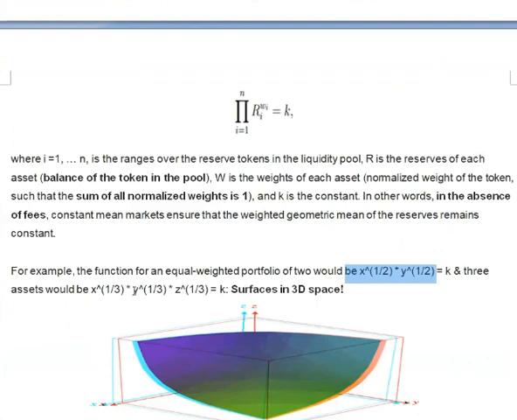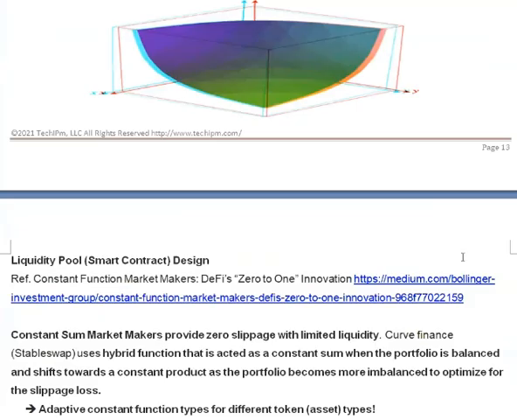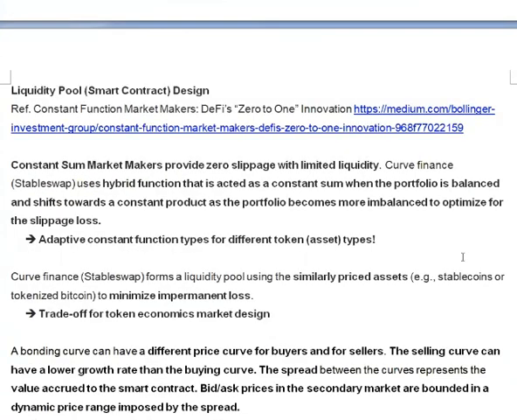But if you have 3 tokens in your pool, then here is a surface in 3D space, so you can increase more dimensions. Design-wise, I want to show something to keep in mind and apply to your liquidity pool design, for how you can implement a smart contract.